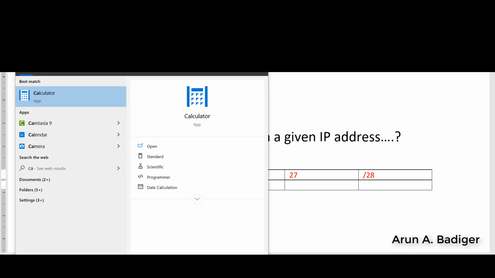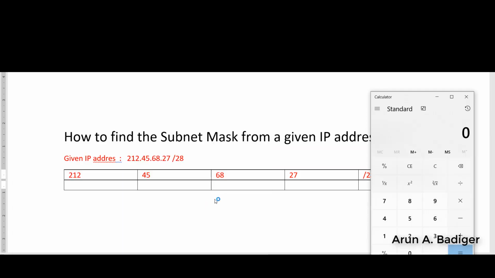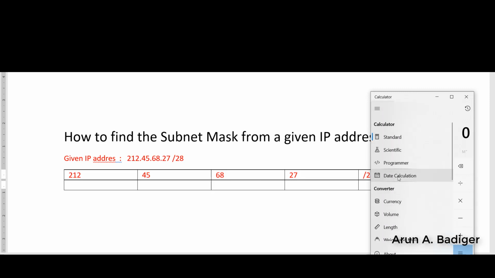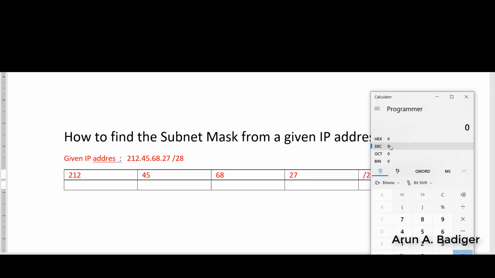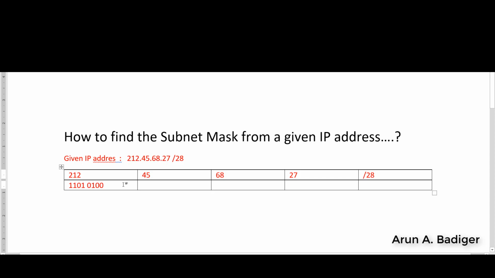For that I will make use of a calculator here, and I will select the programmer app. I want the decimal number 212 converted into binary. So this is the binary equivalent of 212. Then next one, 45.